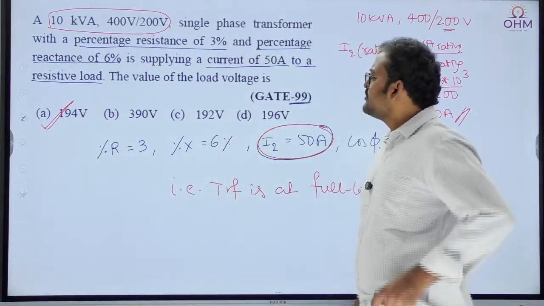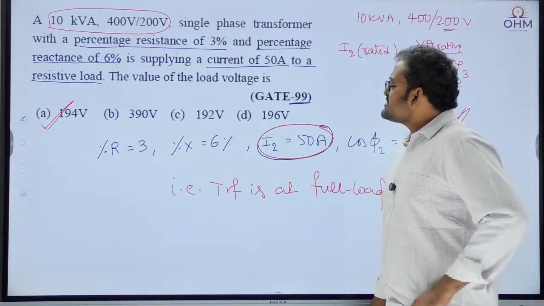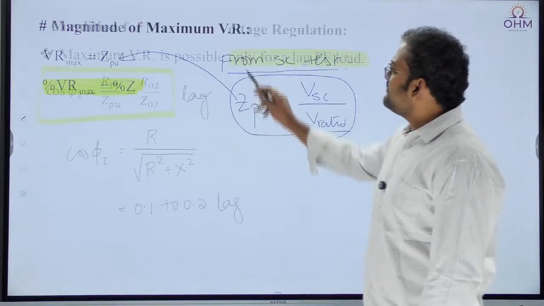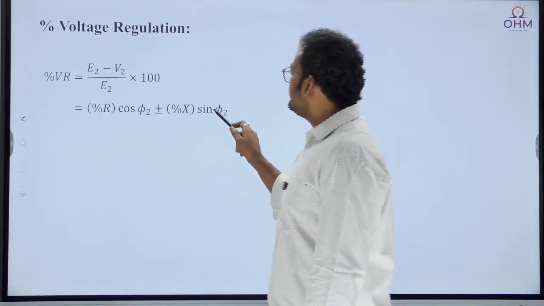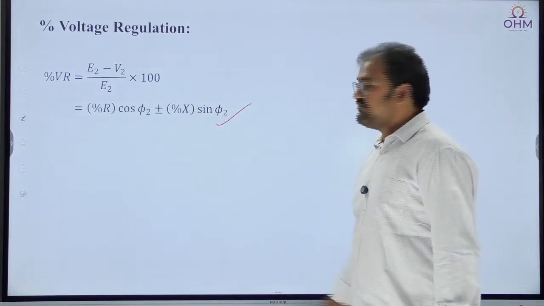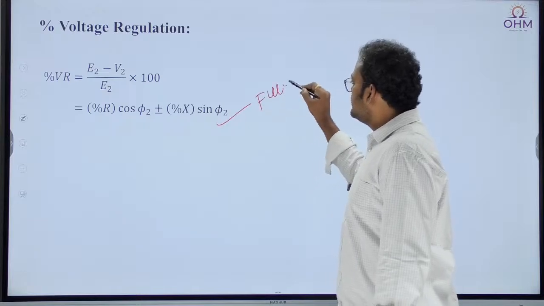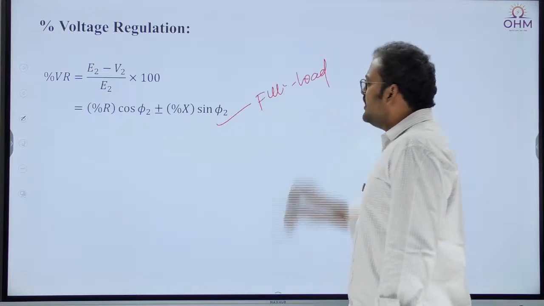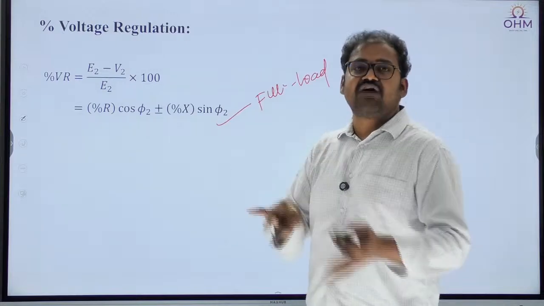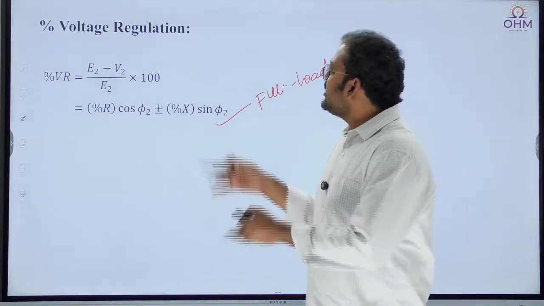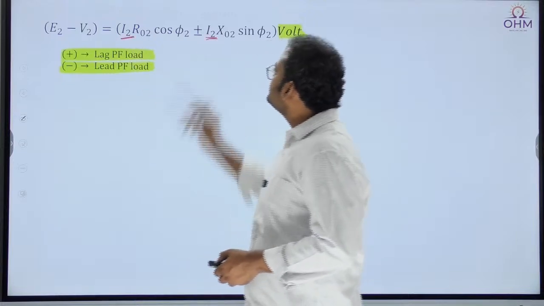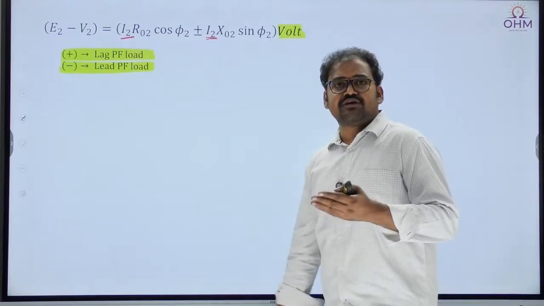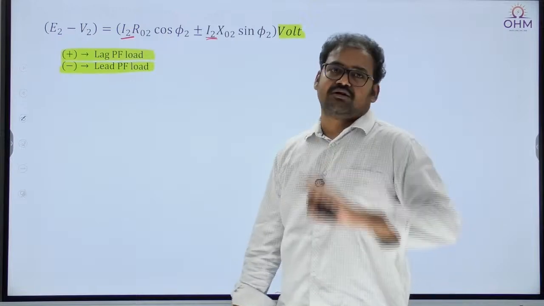Okay. Yes. Simple question. Most important thing is all the formulas that we derived here, this voltage regulation formula, R per unit cos phi 2, X per unit sin phi 2, these are all valid for full load. Suppose if you want voltage regulation at half load, you multiply by 0.5. Why? Because you see this formula, you can take I2 common here, right? Therefore, voltage regulation is directly proportional to current.